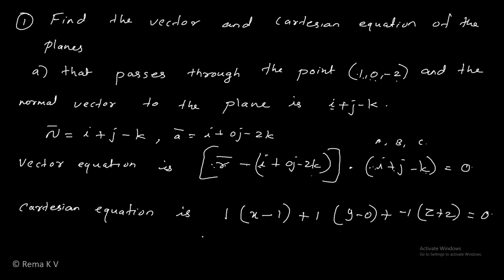So we can simplify this: x minus 1 plus y minus z minus 2 equal to 0, or you can write this as x plus y minus z minus 3 equal to 0, which is the Cartesian equation of the plane.